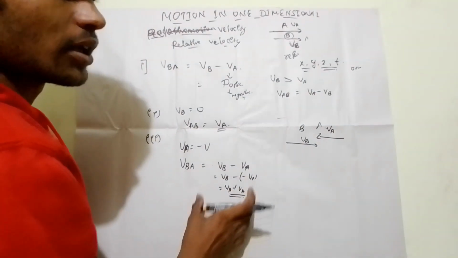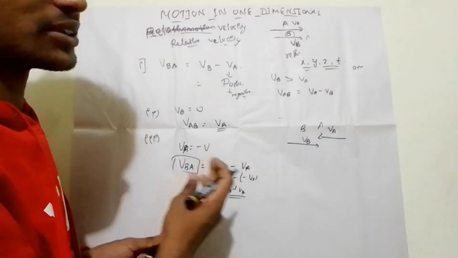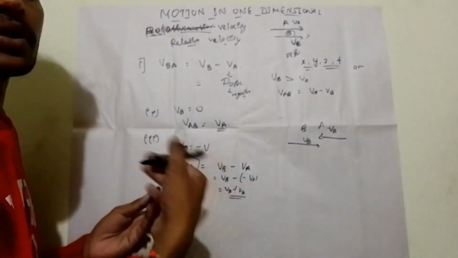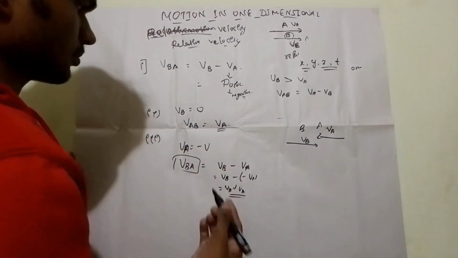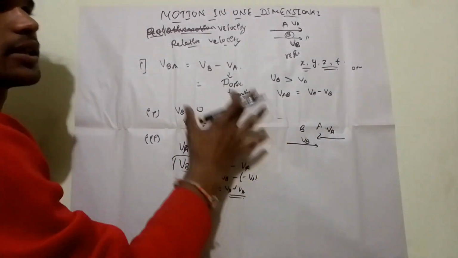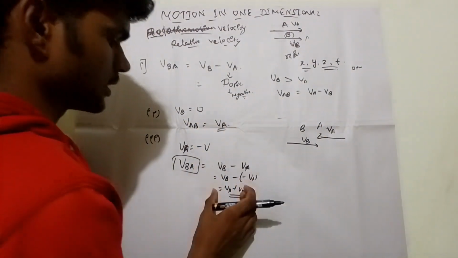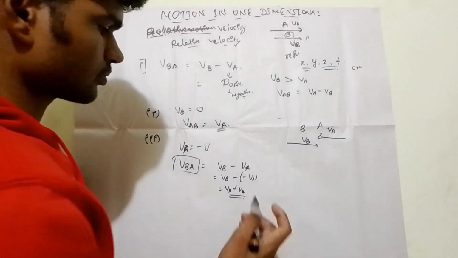In these conditions, the relative velocity magnitude is greater than the actual speed of both objects, whereas in the earlier same-direction case it was less.